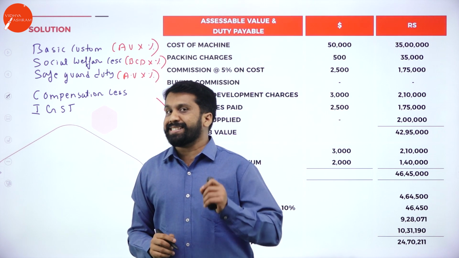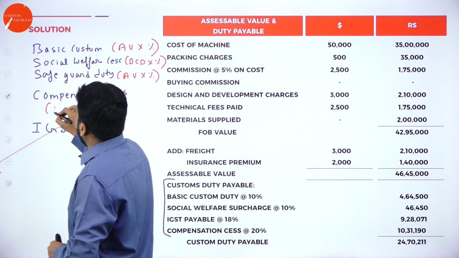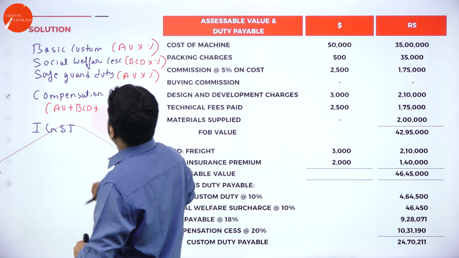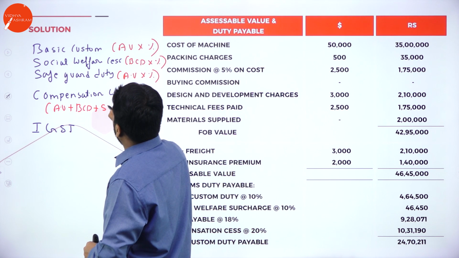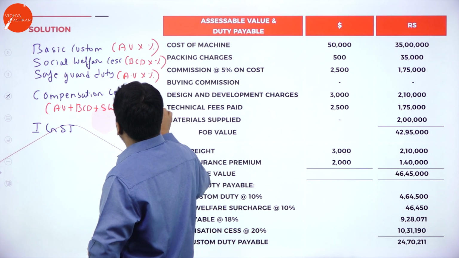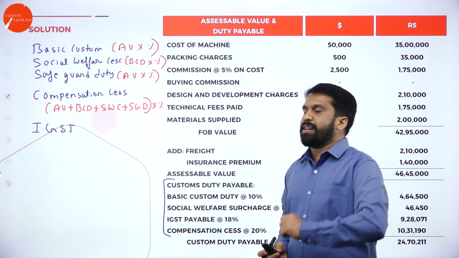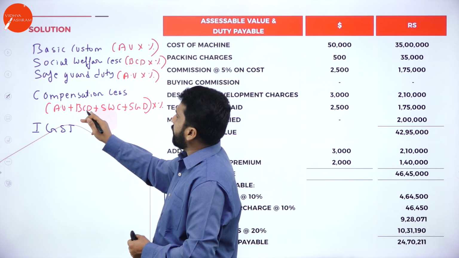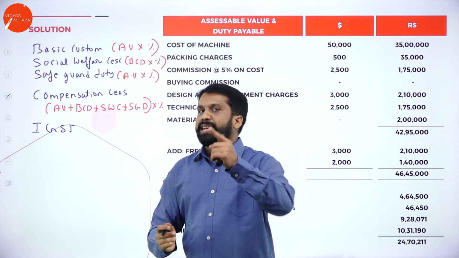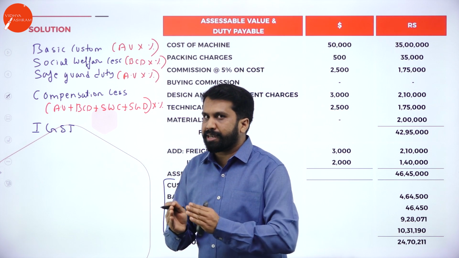Now come to compensation. Very important. For compensation cess, remember, you have to consider assessable value plus basic custom duty plus your social welfare cess plus your safeguard duty, add everything, then calculate the percentage on that. Very, very important. Remember, compensation means complete.